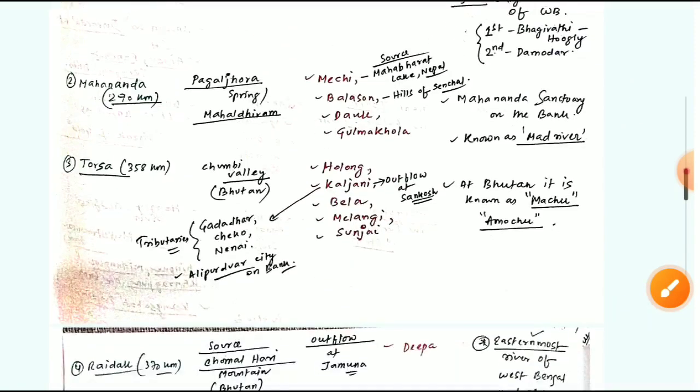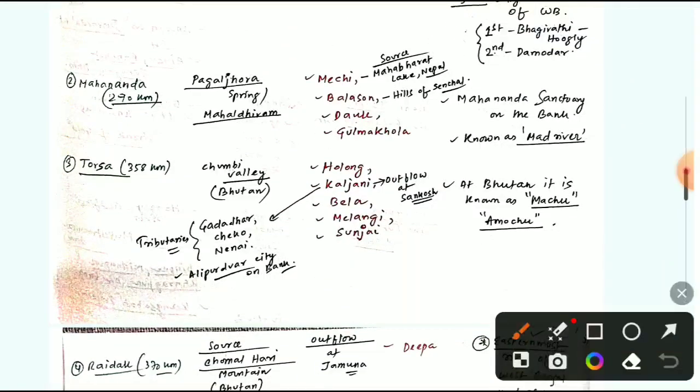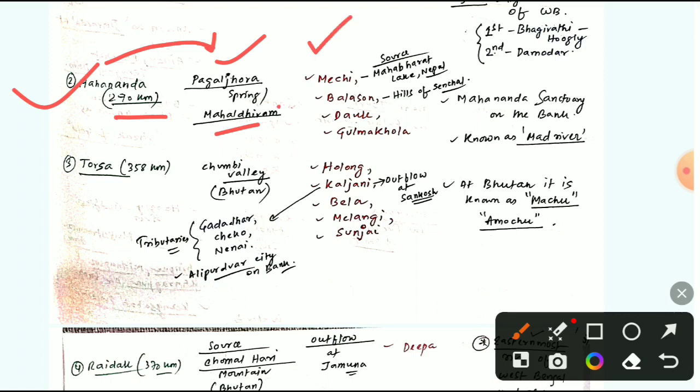Next river is Mahananda. The river is 290 kilometers. Source is Pagal Jhora spring, that is in Mahakal Dhiram. So Mahananda is Pagal Jhora. Tributaries are Mechi, Balasan, Duang, and Gulmakhola.